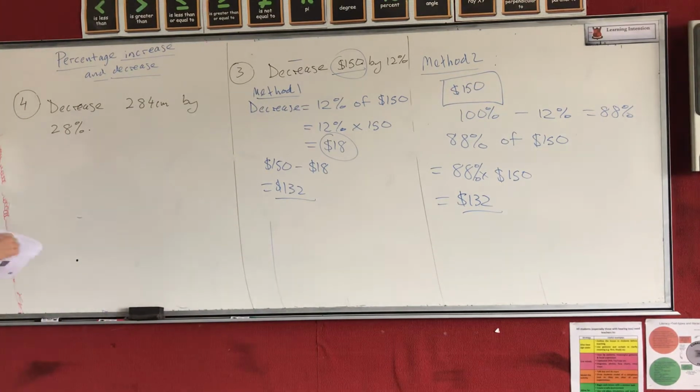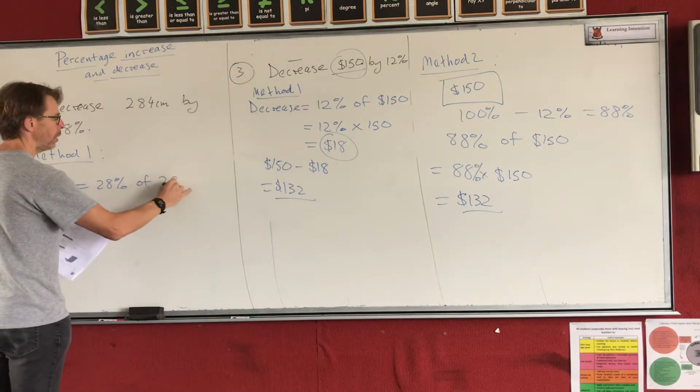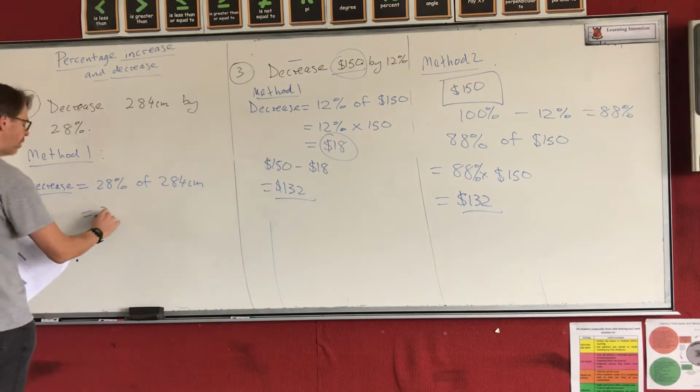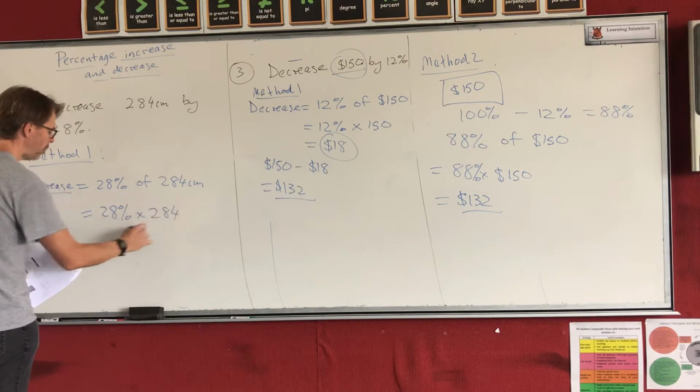Alright, so method 1. So method 1, we're going to find the amount of the decrease first. Here's the decrease equals 28% of 284 centimetres, which is 28% times 284.